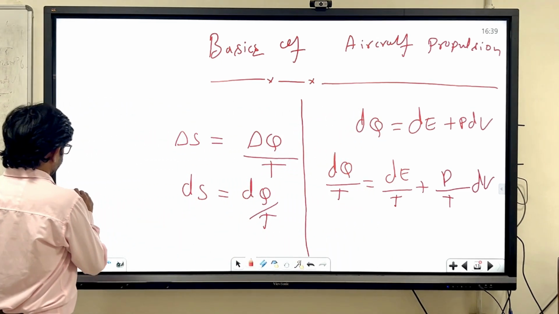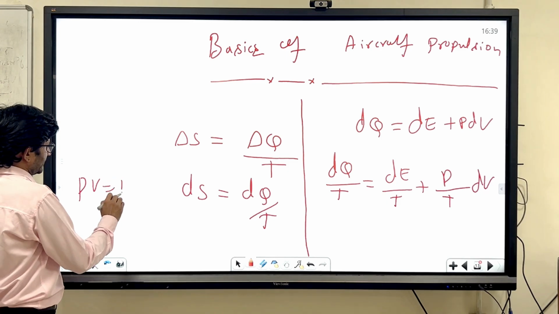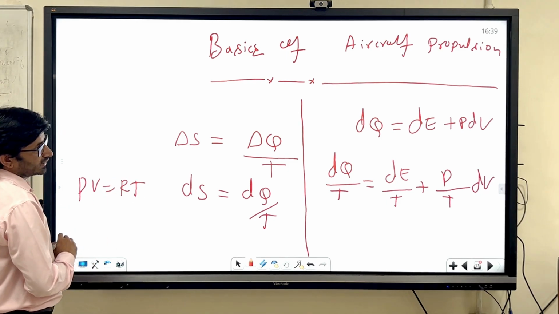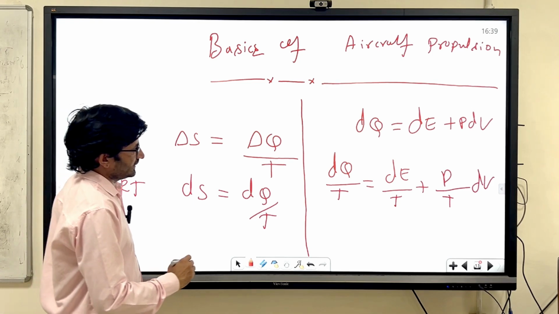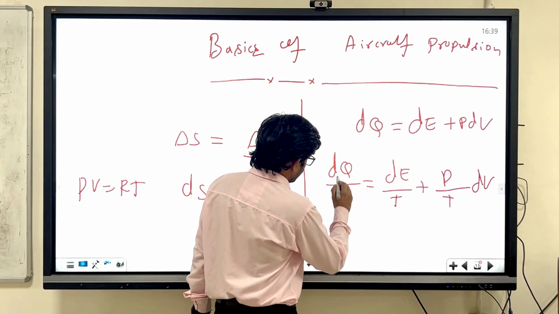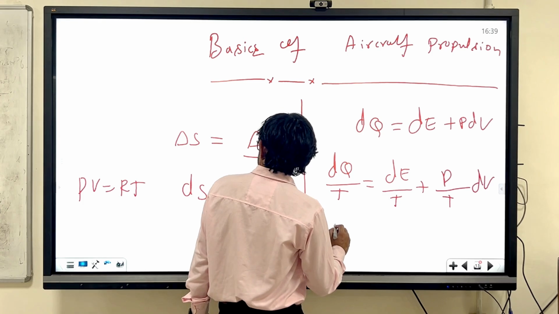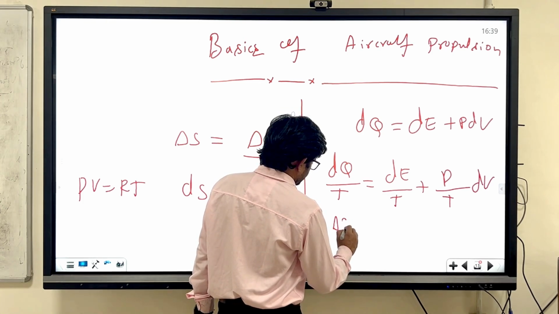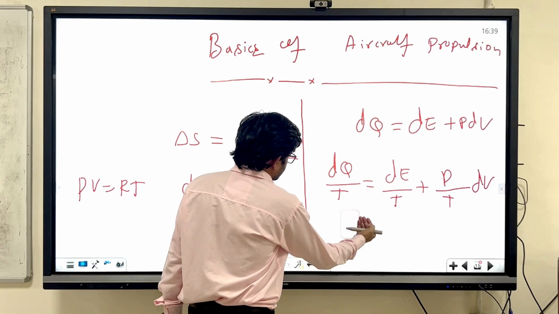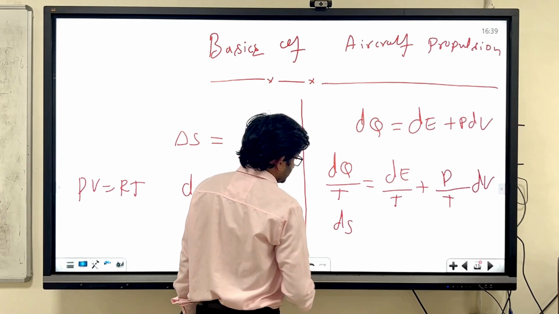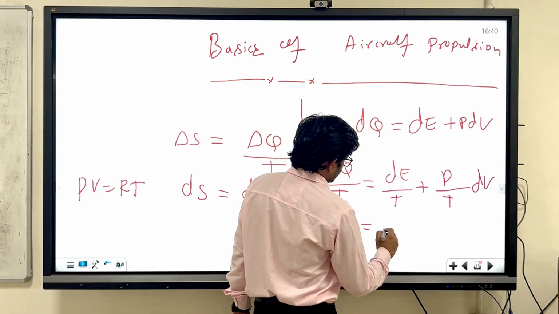So what you can write, pv equal to RT, right? You have studied that, right? So I can write p by T as R by v, and dq by T I can write as ds. Okay, this you can write.